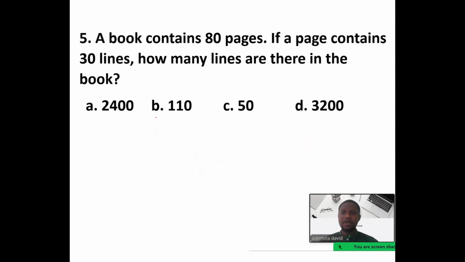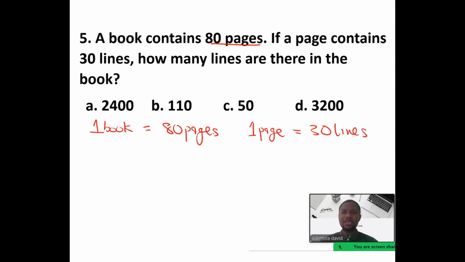Question 5. A book contains 80 pages, meaning one book contains 80 pages. If a page, meaning one page, contains 30 lines, how many lines are there in the books?